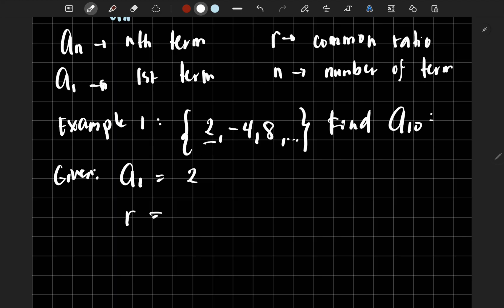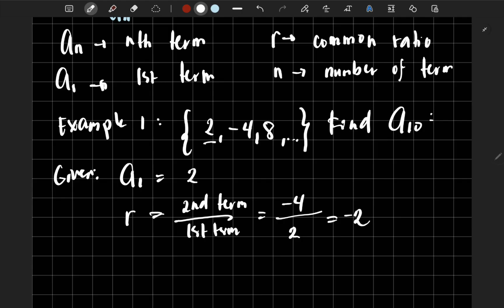To get the common ratio, you just have to divide the second term over the first term. On this given, our second term is -4, our first term is 2, and -4 divided by 2 is -2. -2 is our common ratio.